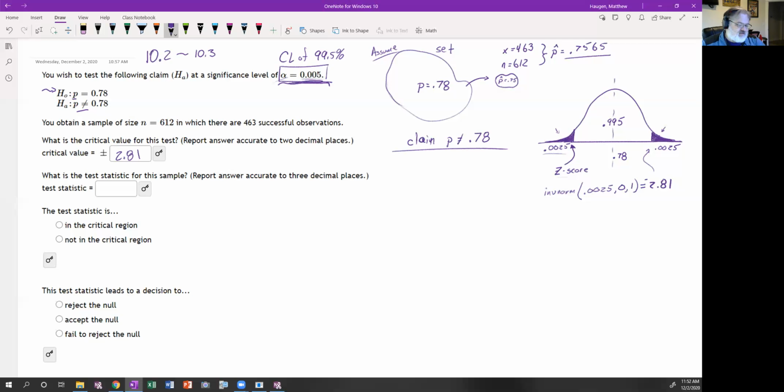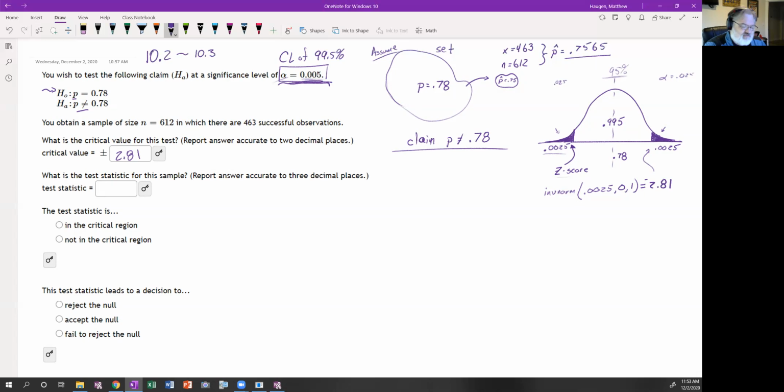So for example, if this had to be 95% in here, that would make the alphas equal to 0.025 on each side. And we know what that critical value is. That's our 1.96, right?